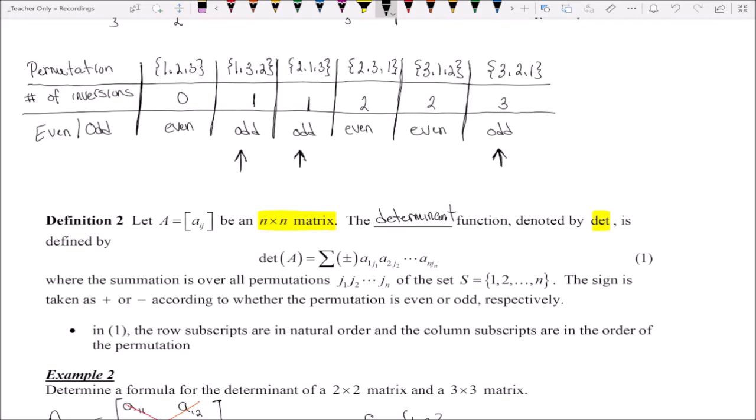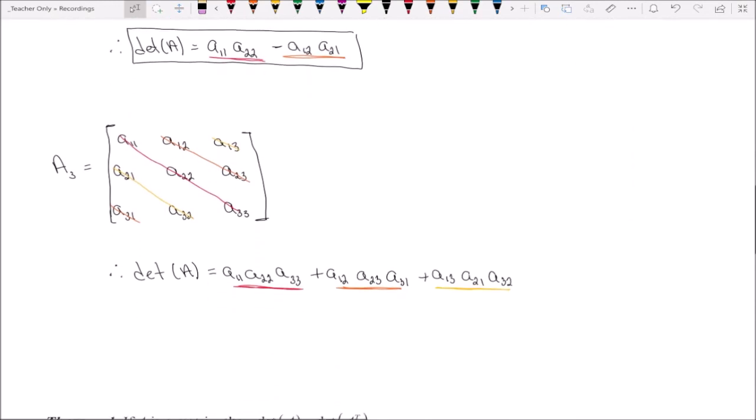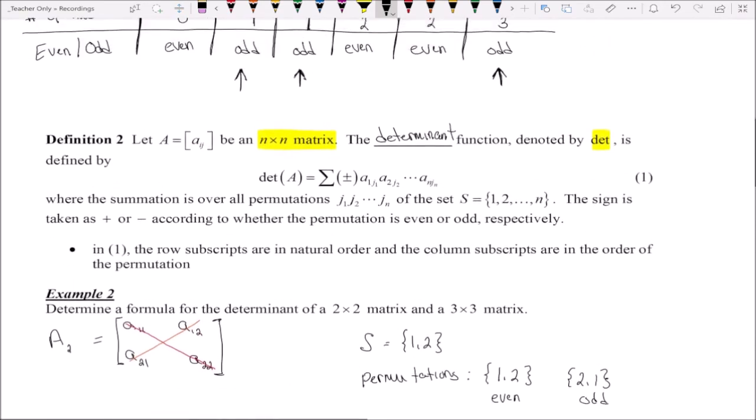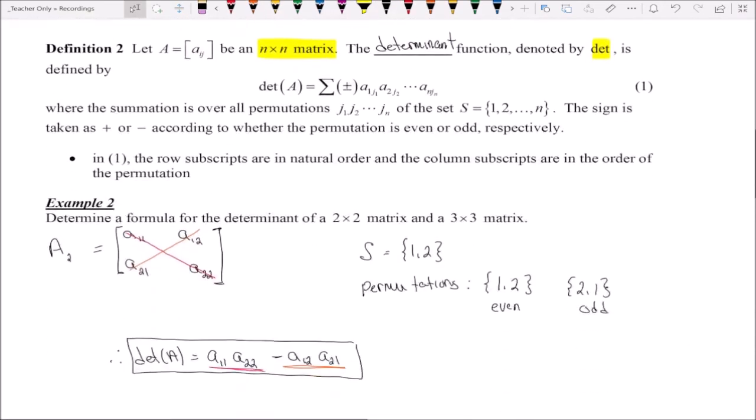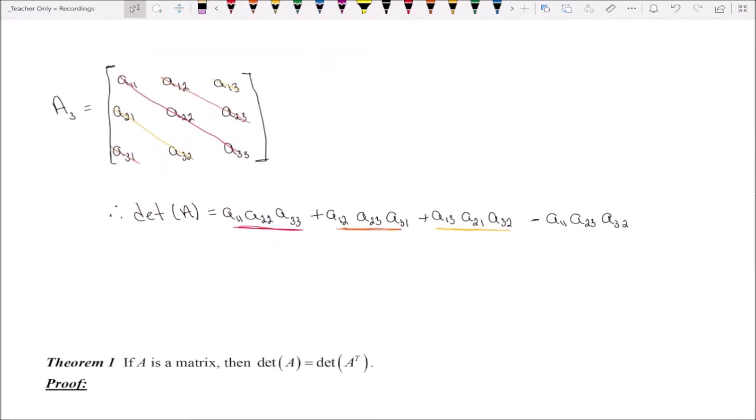So 1, 3, 2: minus A11, A23, A32. Next, 2, 1, 3. I'm going to move down. So minus A12, A23, A32.